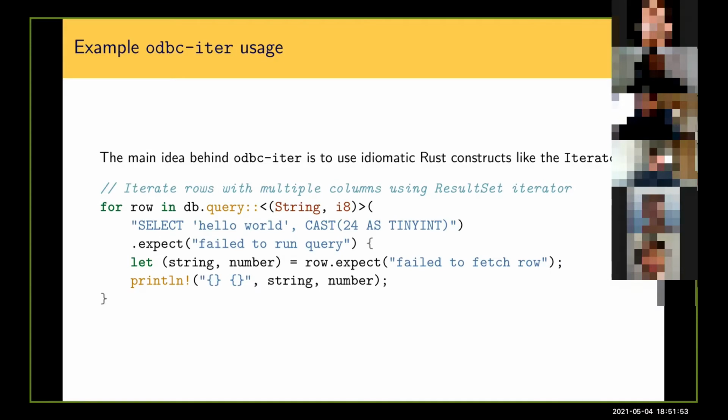Also, the result of the query call is an iterator, so I can just use a for loop, or use normal iterator adapters like skip, take, zip, and so on. Apart from some error handling, what it basically does is run the query using an iterator and make sure that the data types of the row are automatically handled for you.